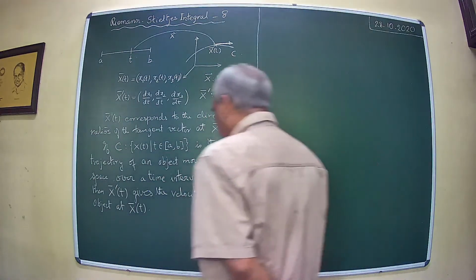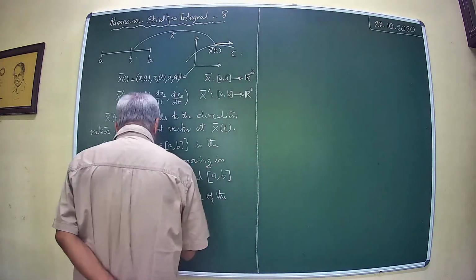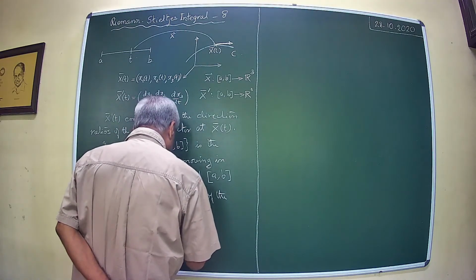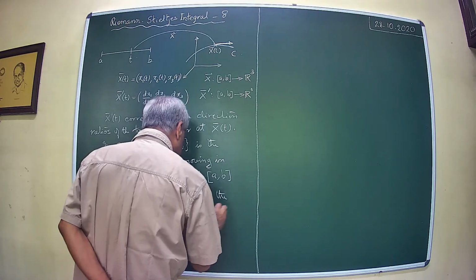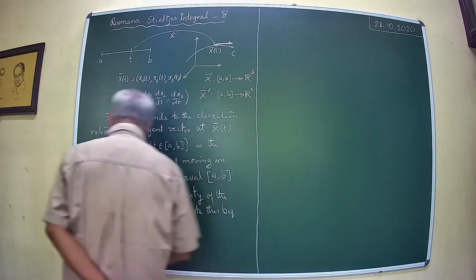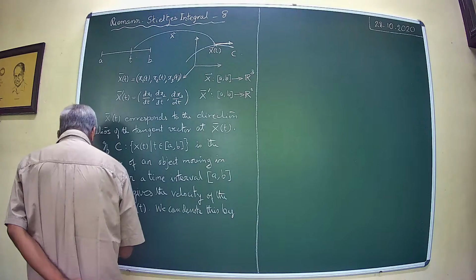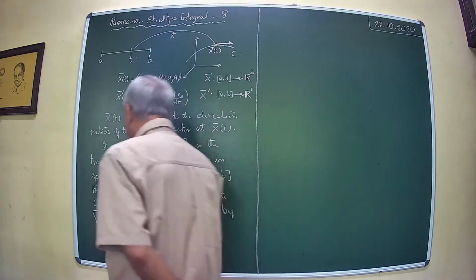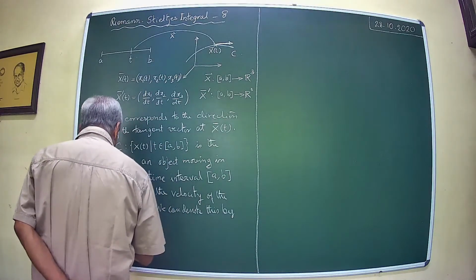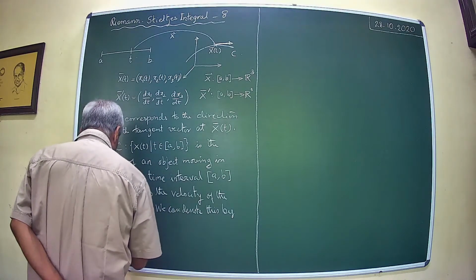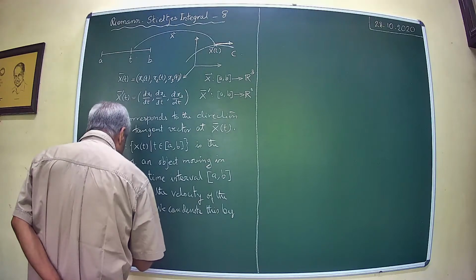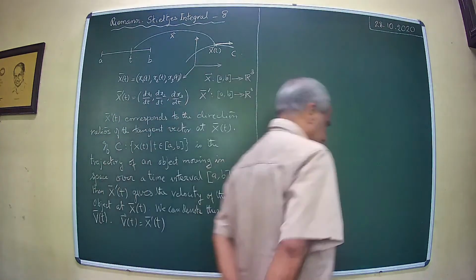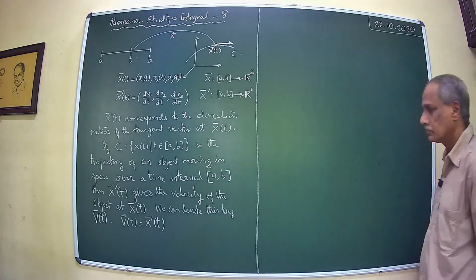So we can denote this by V of t. So V of t equal to that's the velocity.